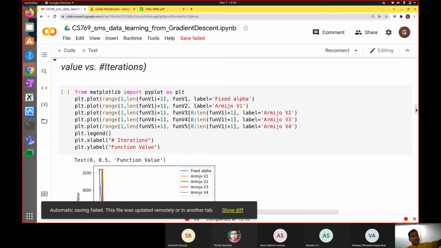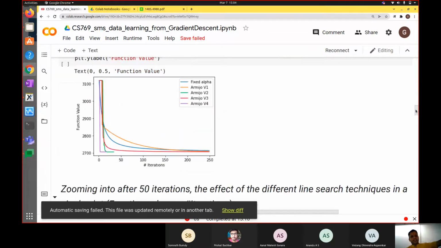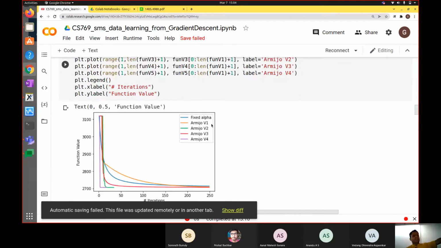Okay, so let's quickly look at these different line search techniques. I've hidden accelerated. I don't want to embarrass accelerated here. So accelerated might look worse than V4, but it certainly is better than the others. That is better than V1. Anyway, you see V4 is pretty good. This one, V4, has dropped very quickly.